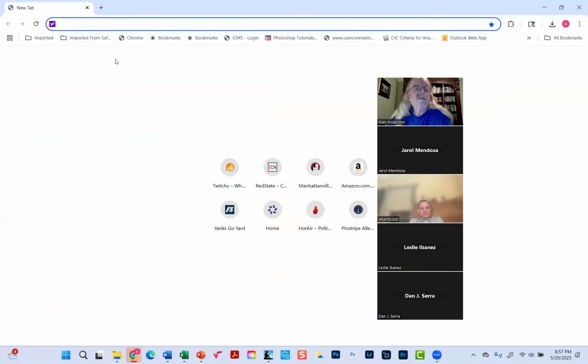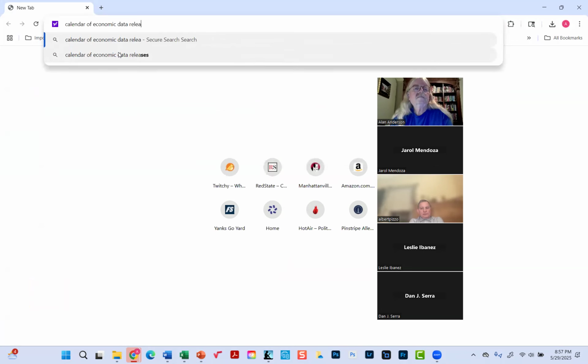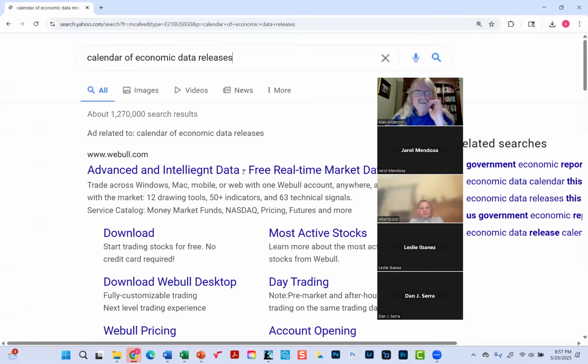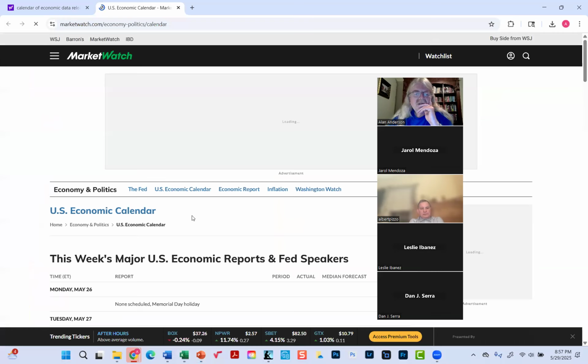Well, first, let's look at this calendar, which is published by the Fed, although everyone has their own copy of it, MarketWatch, for example.